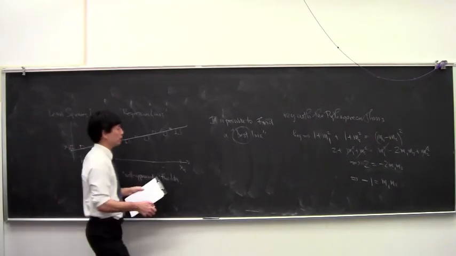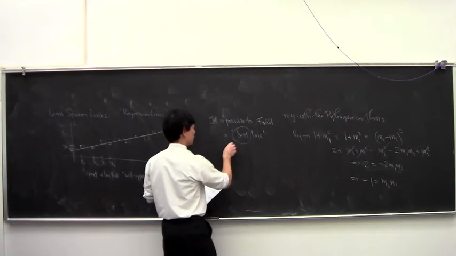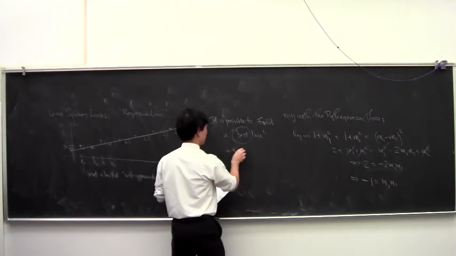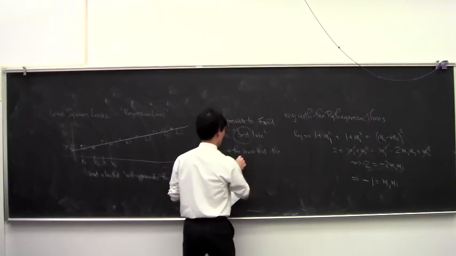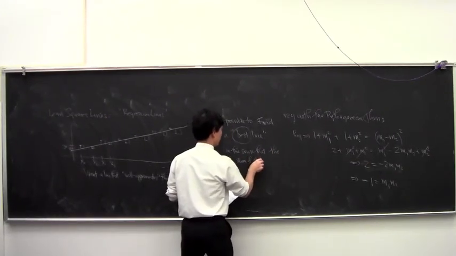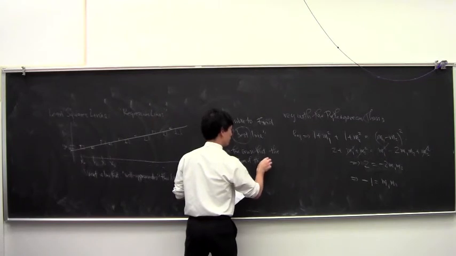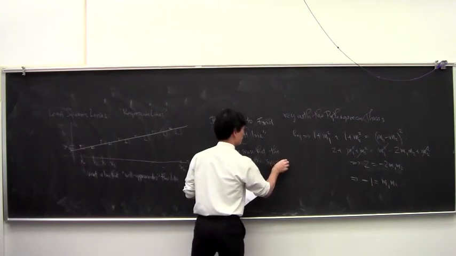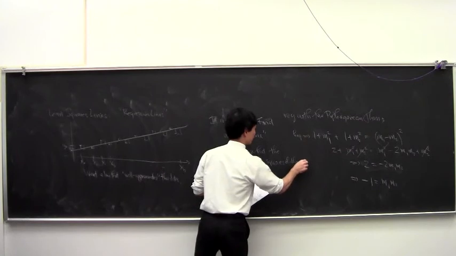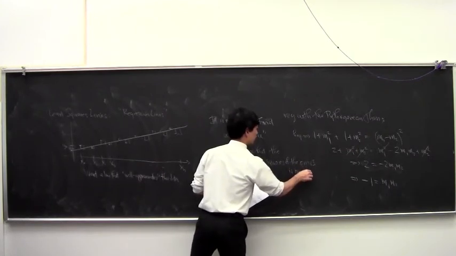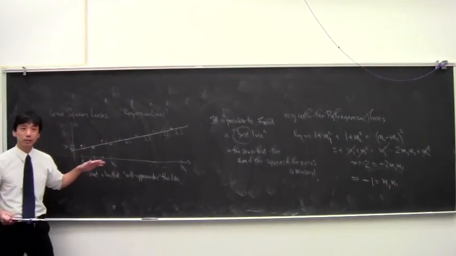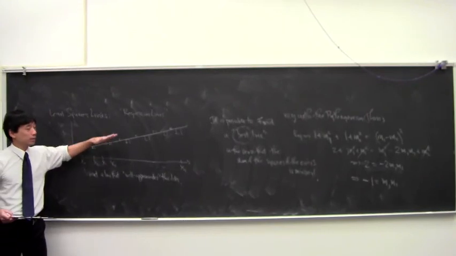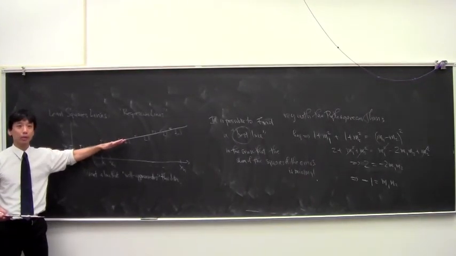So this best line is best in the sense that the sum of the squares of the errors is minimal. There actually is a line that has the smallest square error possible.